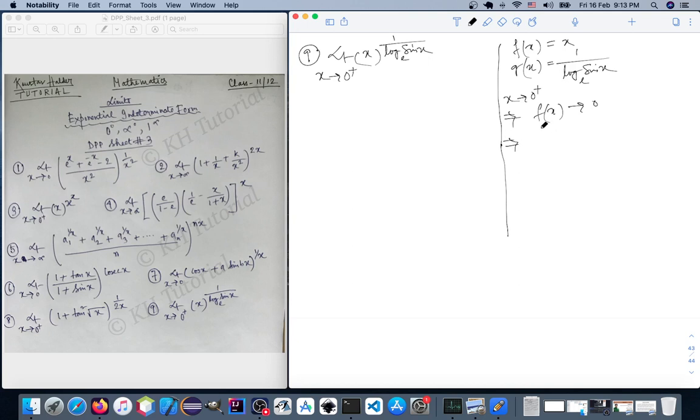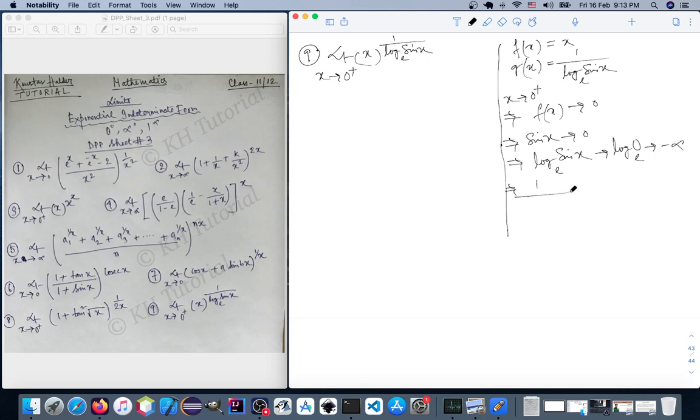This also implies sin x tending to 0, which implies log e sin x tending to log of 0, which is minus infinity.